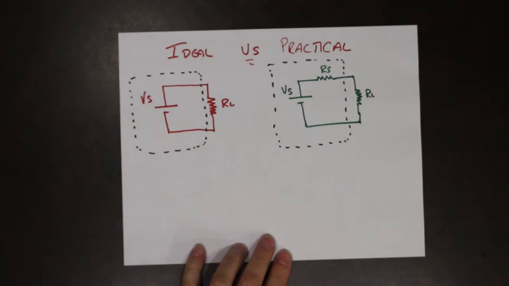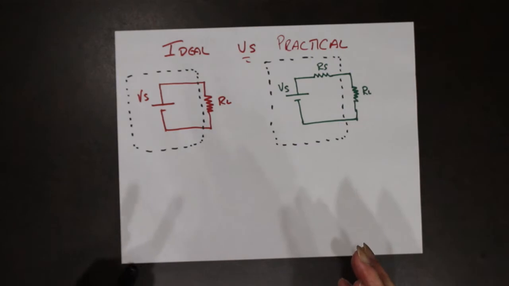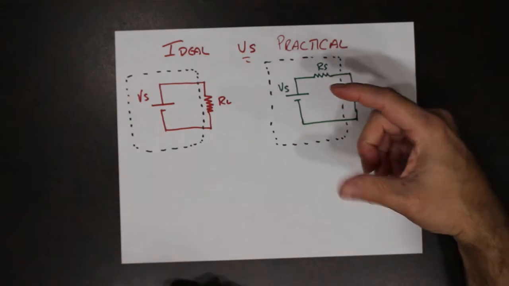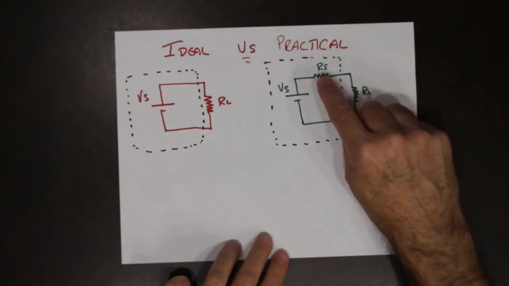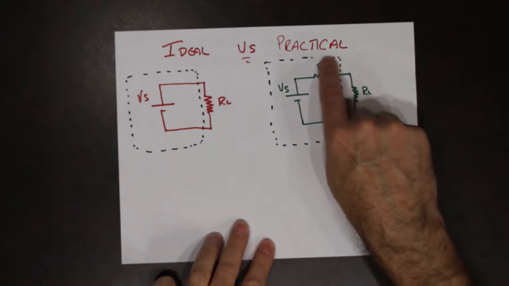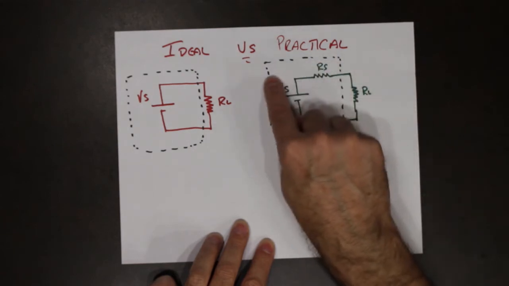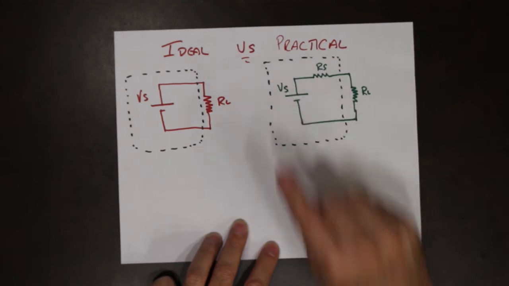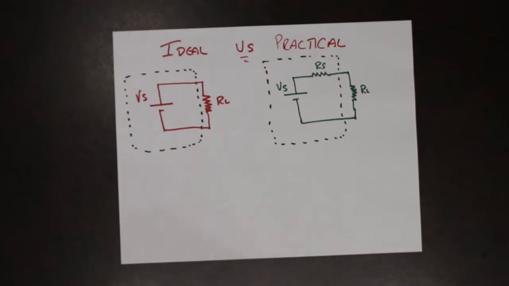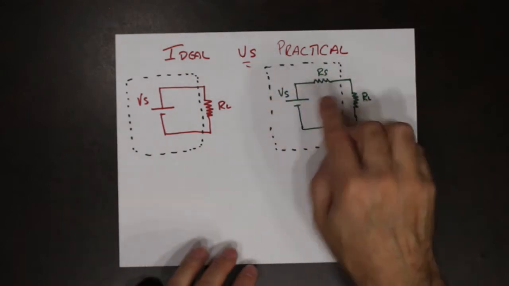In a practical situation, the actual power supply that we are using has components inside it. Those components are represented by a source resistance. Everything inside this black dashed line box represents what's inside our power supply. So of course we have the voltage supply, but then we also have the components that make up the circuit.